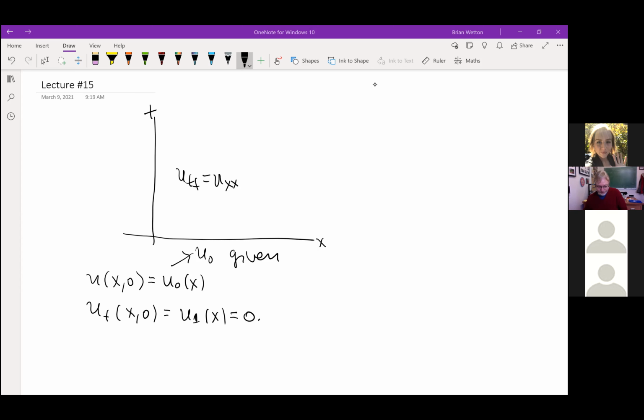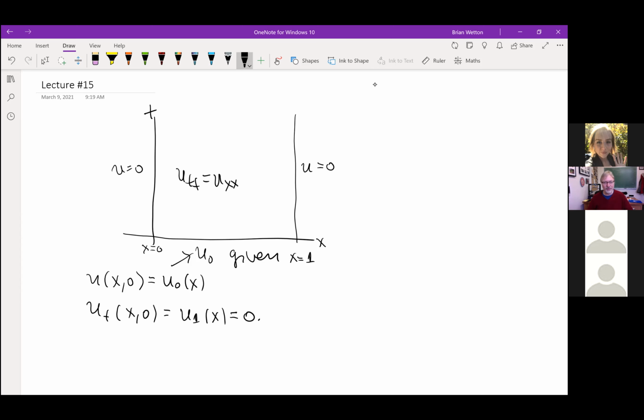Okay, so we were looking at this problem last time where we had a hard boundary on this side, and we saw we got an inverted reflected wave from that boundary. And so you know in your heart of hearts that if I do this problem, I could describe this solution as a sequence of waves reflecting back and forth from those boundaries.